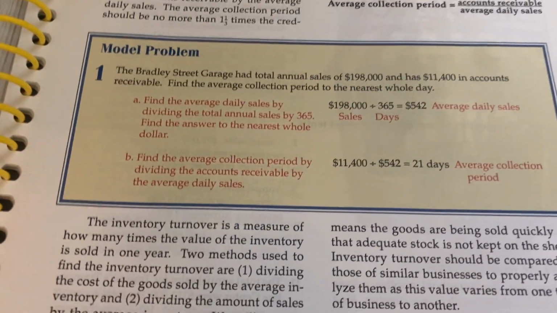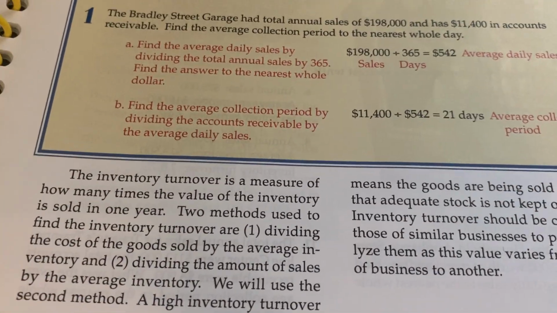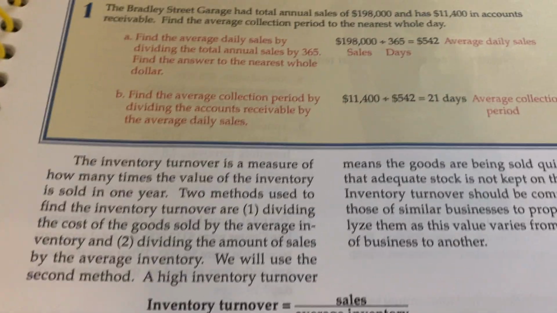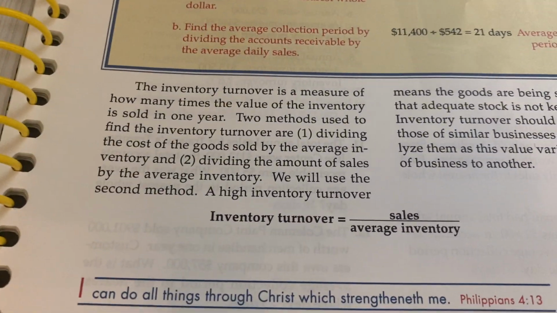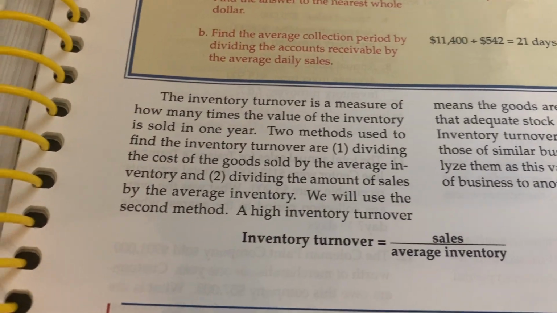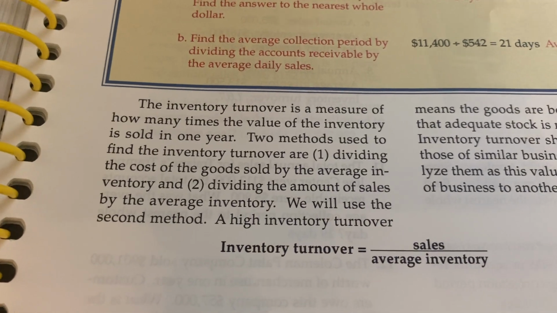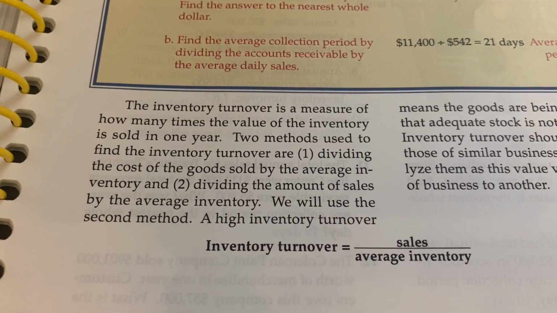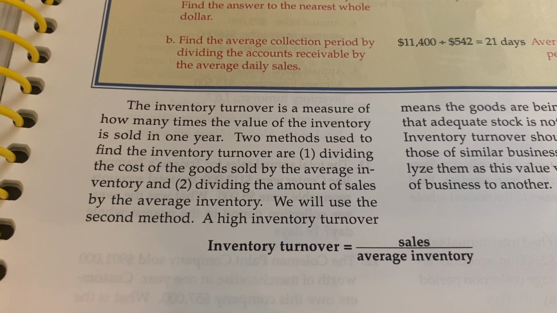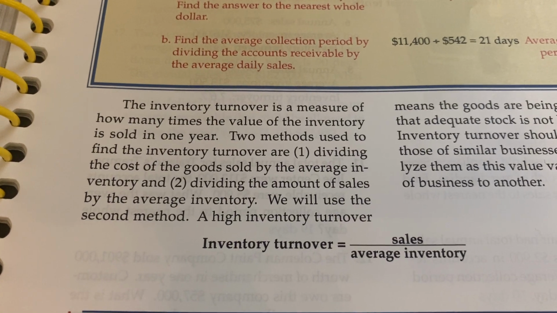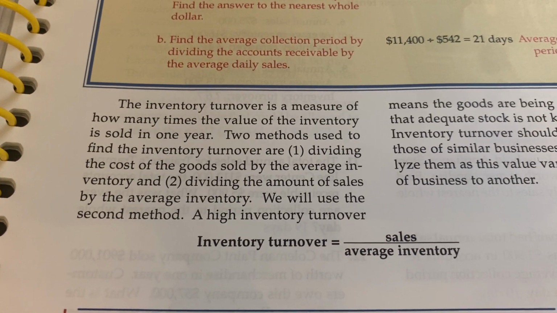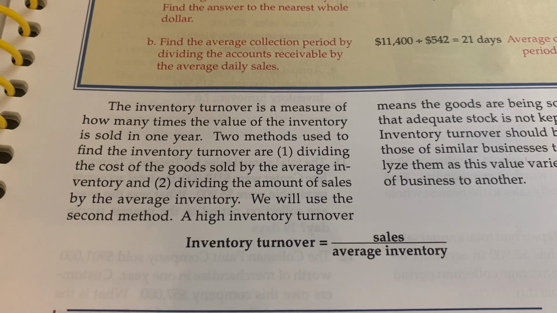Okay, so let's finish up here talking about the inventory turnover. The inventory turnover is the measure of how many times the value of the inventory is sold in 1 year. Two methods are dividing the cost of the goods sold by the average inventory, or dividing the amount of sales by the average inventory.